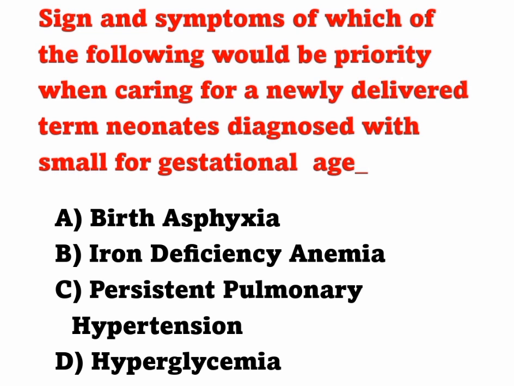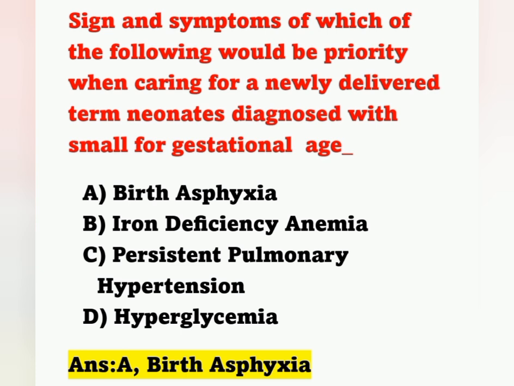Here the question is, a term baby delivered or diagnosed with small for gestational age. While caring for the baby, which is the priority signs and symptoms we will focus on, okay, while doing care. Small for gestational age means the intrauterine growth is less than normal according to the gestational age. Okay.